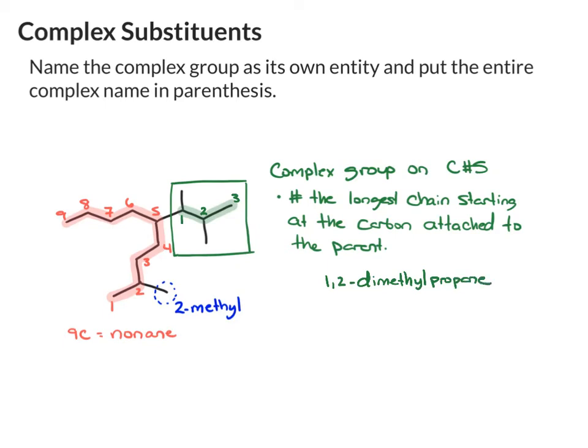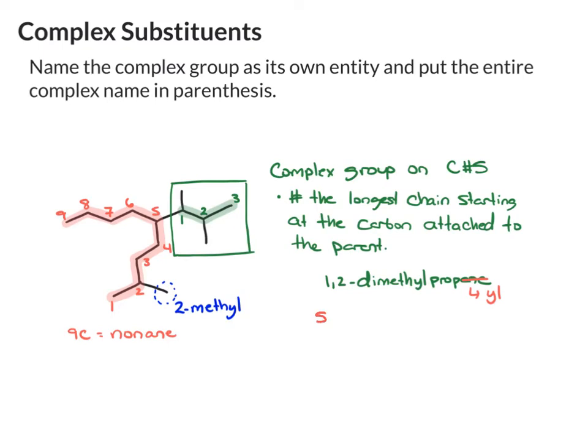But nonetheless, this is still a substituent, so we don't give it the ane ending, we use the yl ending. So it would be a 1,2-dimethylpropyl. But as I said in the starting statement, we put the complex name in parentheses. So to write this complex thing as a substituent, we say that it's at carbon 5.